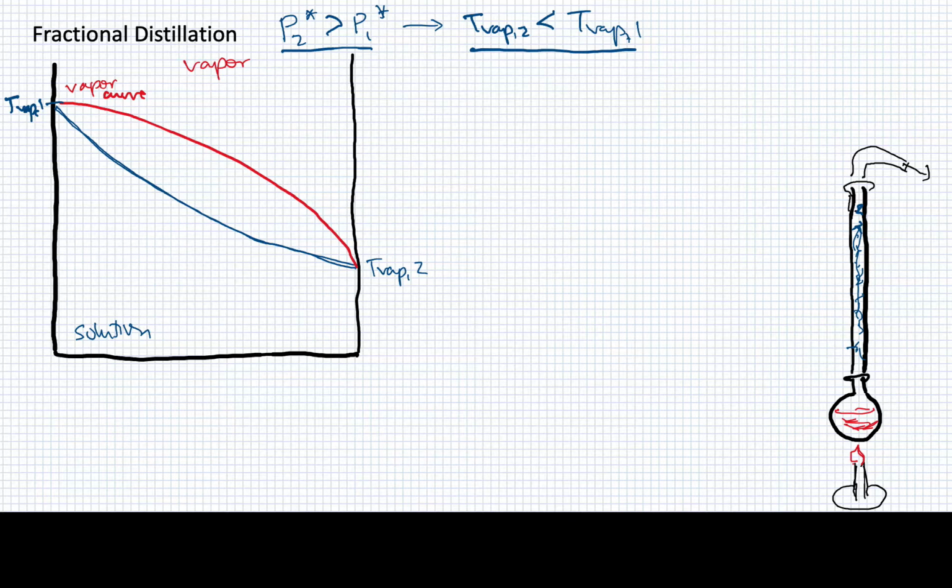So this blue curve is the solution curve. And in between these two curves is really a region that will represent a liquid-vapor equilibrium, or a coexistence region.